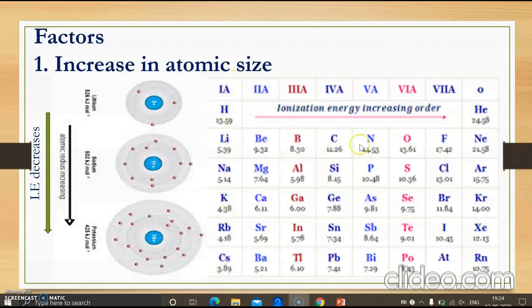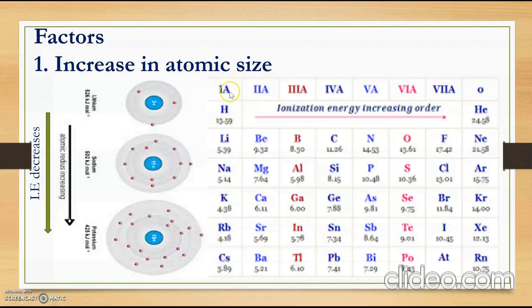Also we see left to right: we know the ionization energy increases from left to right. In this period, lithium shows 5.39 and neon shows 21.58, meaning ionization energy decreases from top to bottom and increases from left to right.